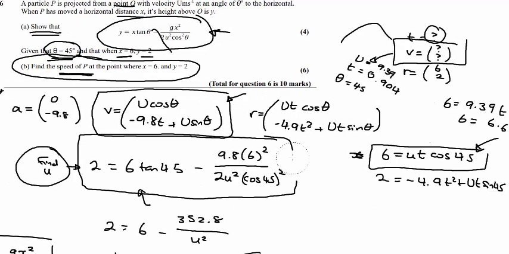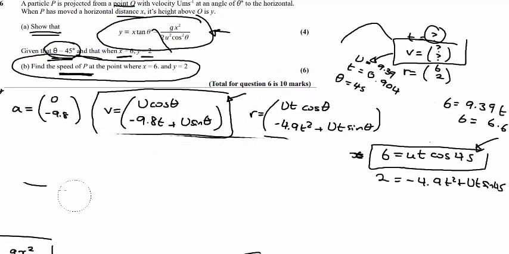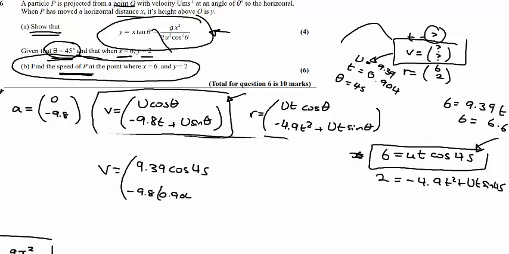Okay, I'm just going to rub some stuff out to make some space. We actually now can find the v, so let's put it in. V is going to equal 9.39 cos 45 minus 9.8 times 0.904 plus 9.39 sine 45.